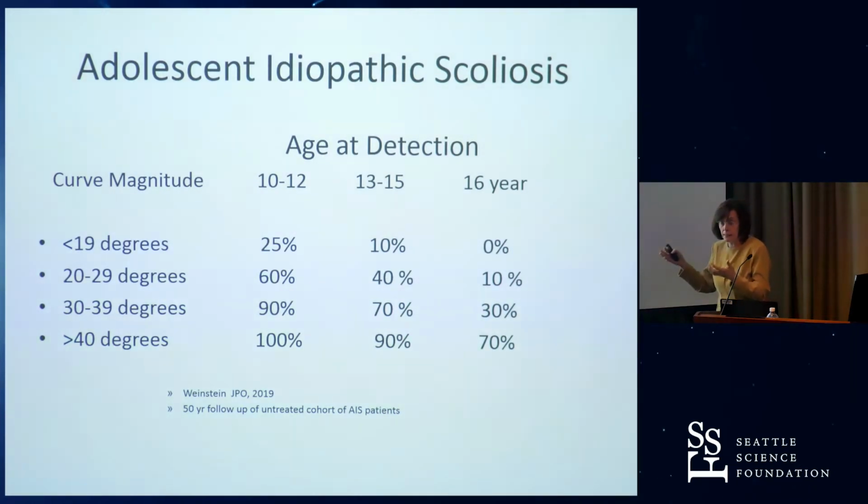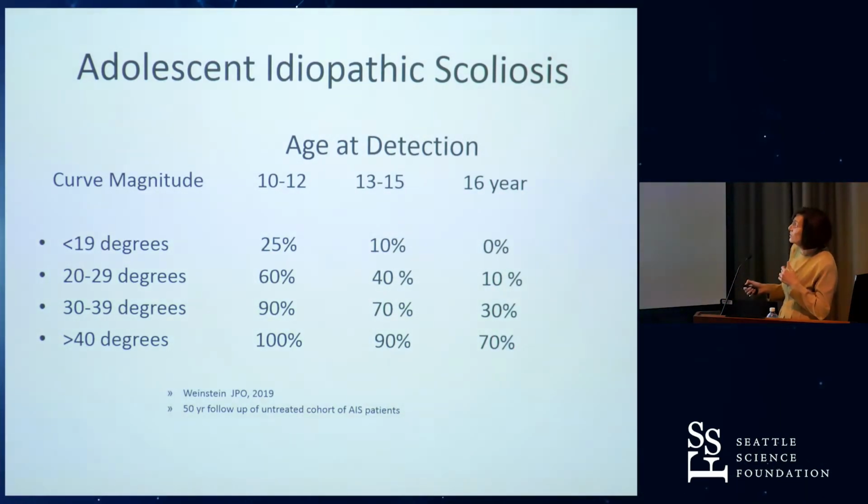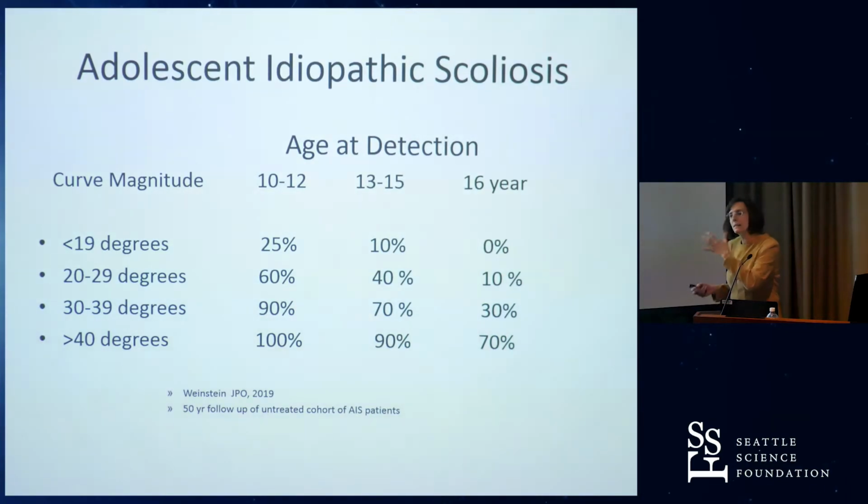Again, it's hard to predict. It happens much more slowly than during your rapid growth. But we can see that in those large curves, more than 40 degrees, many of them will continue to progress. Now, an added challenge is that the definition of progress means that it has changed more than 10 degrees radiologically. So that means that it has gotten bigger.